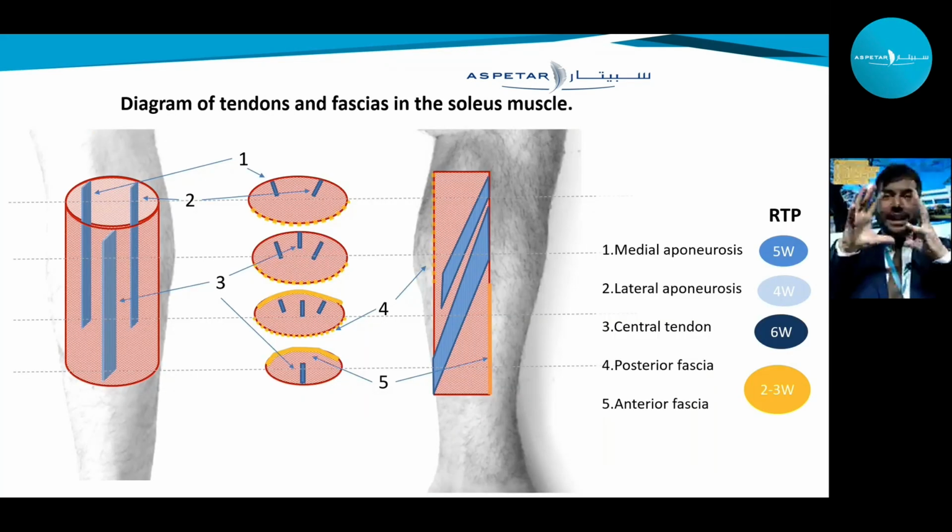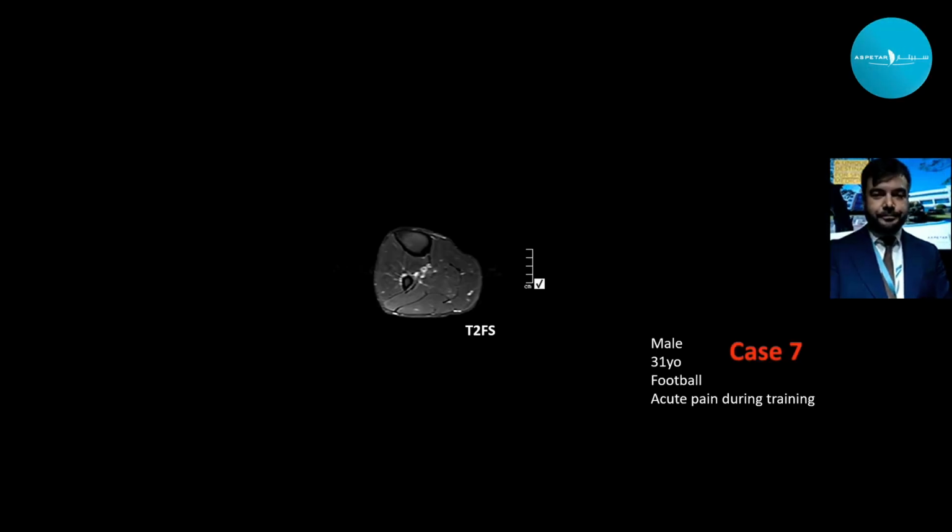So, generalizing a little, and it's true that every player is different, every sport is different, but these scientific papers more or less orient that a lesion affecting the medial aponeurosis could take 5 weeks of return to play, lateral aponeurosis 4, central tendon 6, posterior fascia and anterior fascia 2 to 3 weeks.